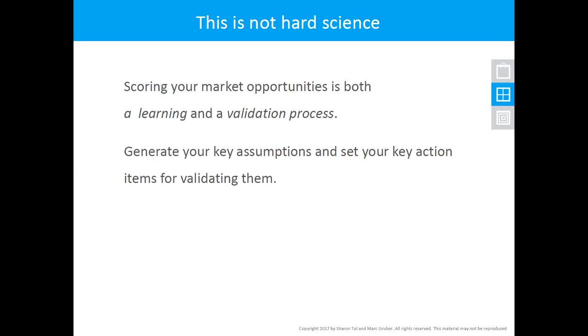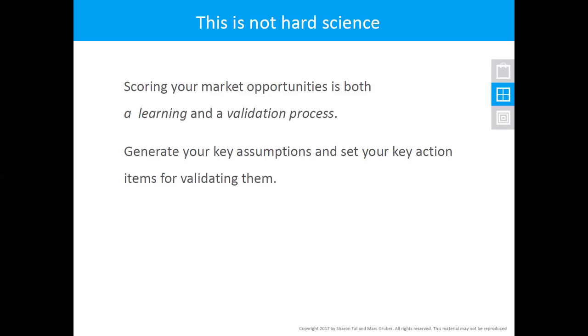But remember two things. First, don't fall into the formula or the numbers perspective. This is not a numbered scale on purpose. We want you to think about it more as a qualitative assessment because it's not a mathematical evaluation.